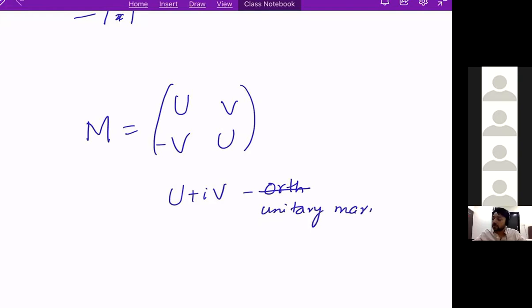So what do we conclude from here? Basically, this is a relationship. In an orthonormal basis, the vectors are orthogonal and of unit length. In a symplectic basis, we have pairs of vectors that are normalized. If I have u1, u2, ..., un, v1, v2, ..., vn, those will be 2n vectors.